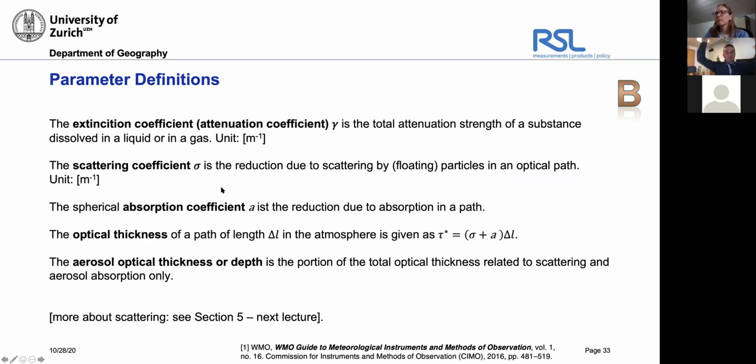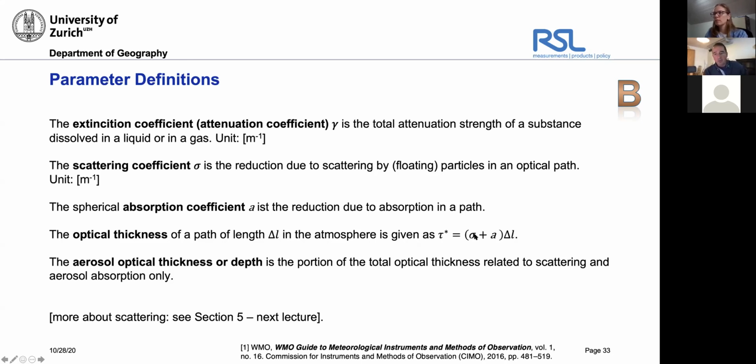It may consist of the so-called absorption coefficient and the scattering coefficient, because attenuation may happen by scattering, and you lose something which is going away. I'll talk about scattering next week. And absorption is just, it's staying in the gas, it's absorbed, and it's maybe re-emitted later at a different wavelength.